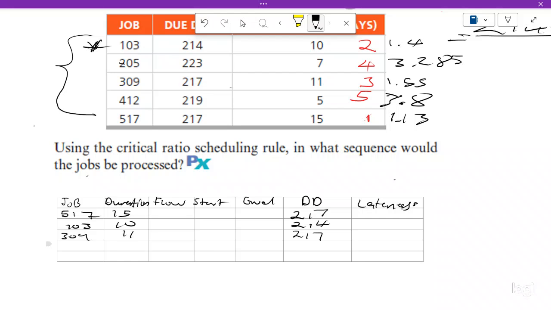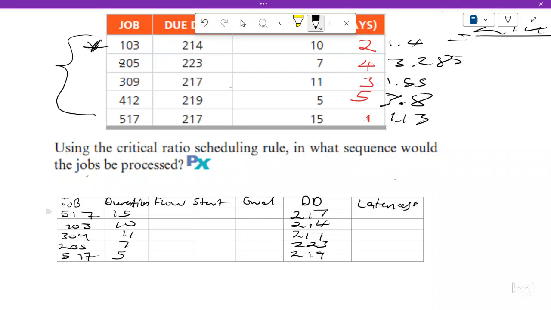Then we have 205, 7, 205 again, 223. The last one is 5, 219, and 517.